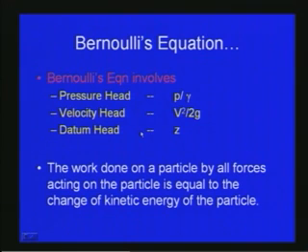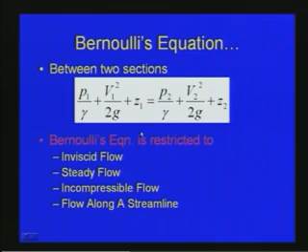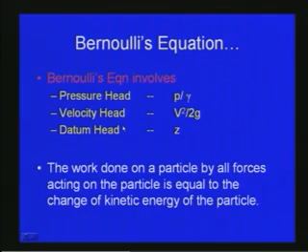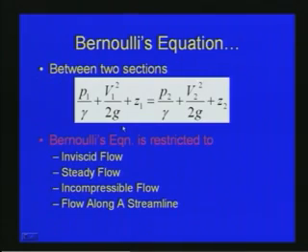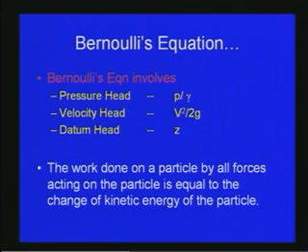In the previous slide you can see there are three terms. One is P1 by gamma, the so-called pressure head, the second is V1 square by 2g, the so-called velocity head, and then Z1 and Z2, the datum head. So the Bernoulli's equation includes three terms: the pressure head, the velocity head, and the datum head.